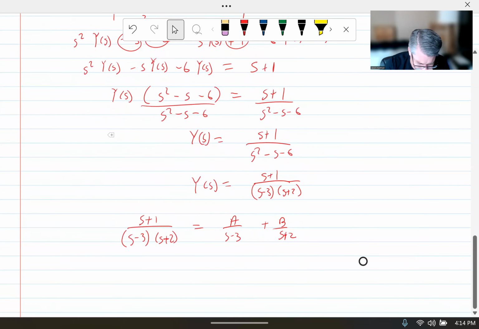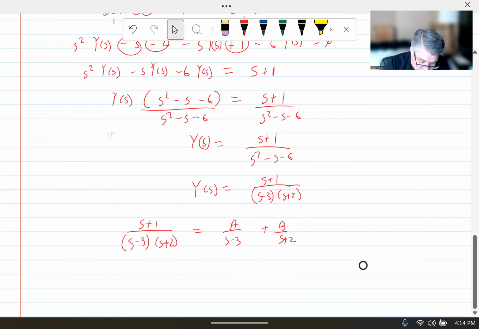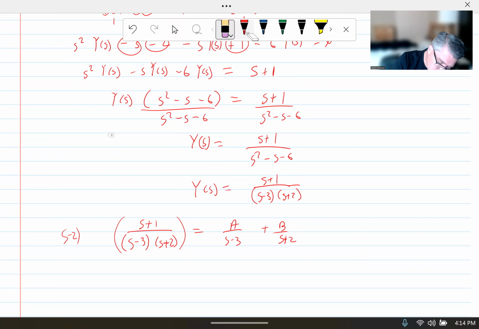Multiply through by S minus 3, S plus 2, and cancel.